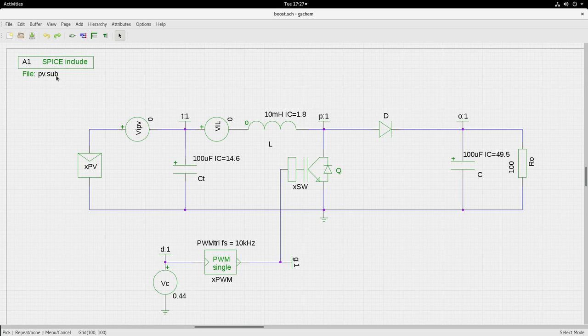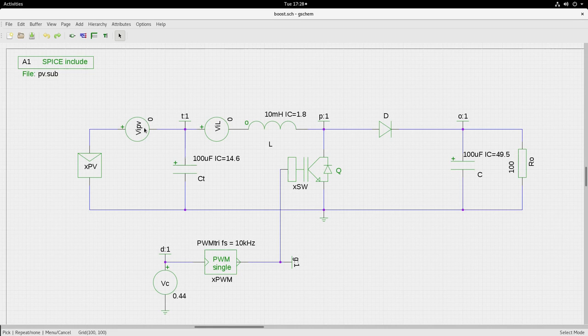pv.sub is the subcircuit file which contains the subcircuit model of these and a few others. It also contains the model for this power switch, and the model for this PWM. I have here a voltage source which is set to a value 0.